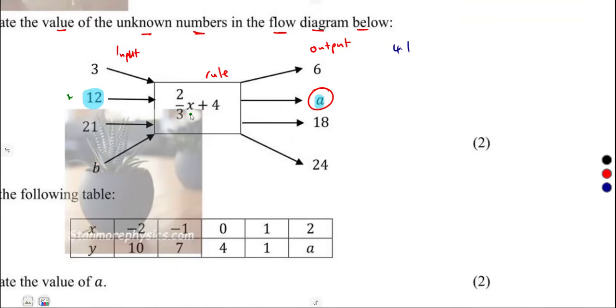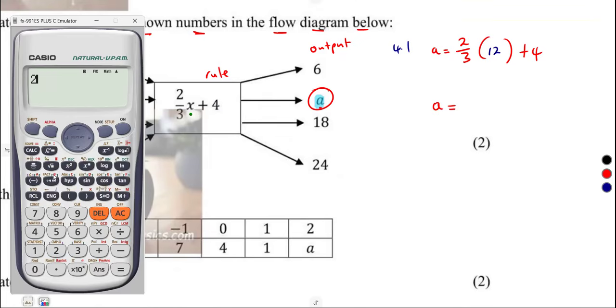So in place of x in 2 over 3 x, you place your x as the input, which is 12. Then you add a 4, and you obtain the output, which is our A. So A is the output, just like y represents the y value. Let us simplify this: 2 over 3 times 12 plus 4.